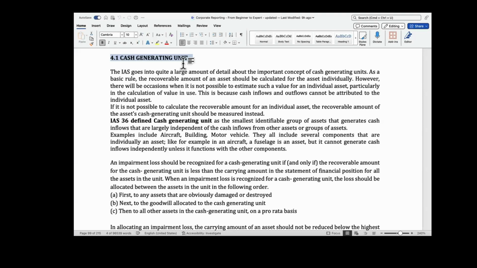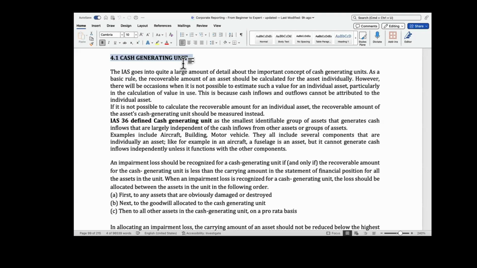We understand that the reality of some assets is that they don't generate money on their own. But by the time you look at them together with other assets, then you would be able to trace how much they make together. So take an office building, for example.